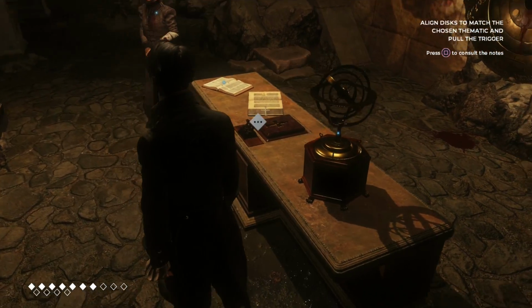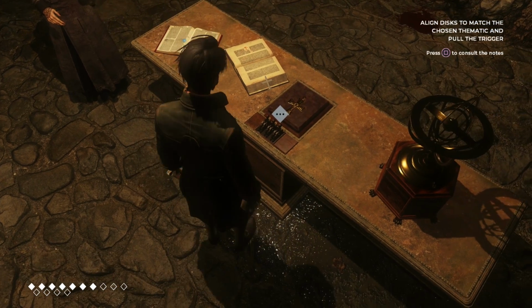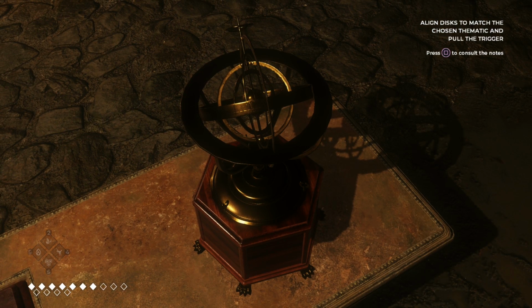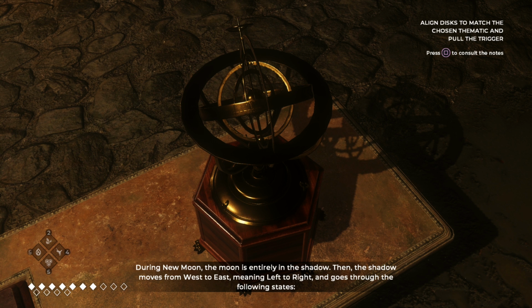I just realized we have all these other things to do. We have all these other things here. Oh, yeah, okay. Study the sphere, test moon cycles. During new moon, the moon is entirely in the shadow. Then, the shadow moves from west to east, meaning left to right, and goes through the following states.